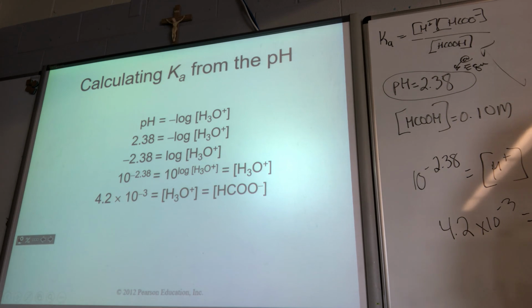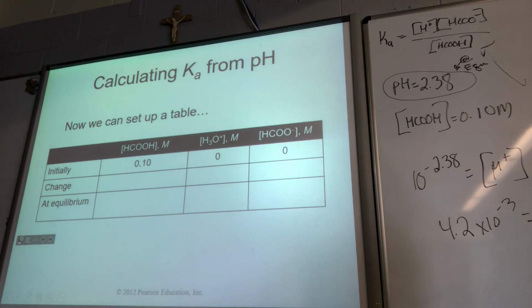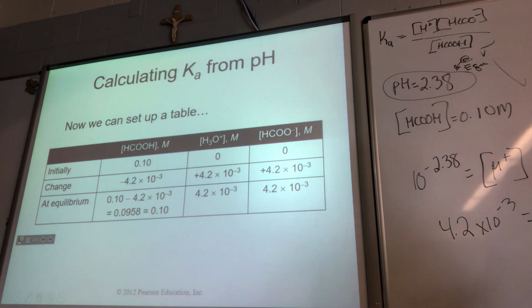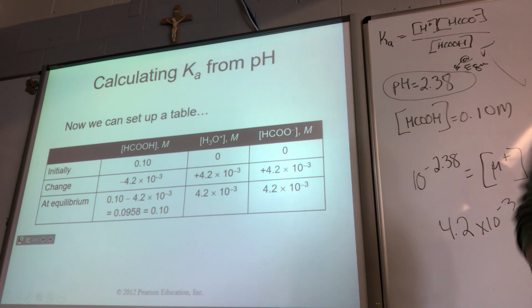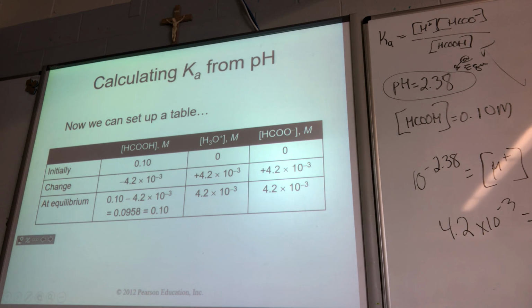Subtract it. So what's 0.1 minus 4.2 times 10 to the negative third? Hey, look at that. 0.09. Okay, we've got equilibrium numbers, right? No X's, nothing left over. What do you do next? Let's get Ka.